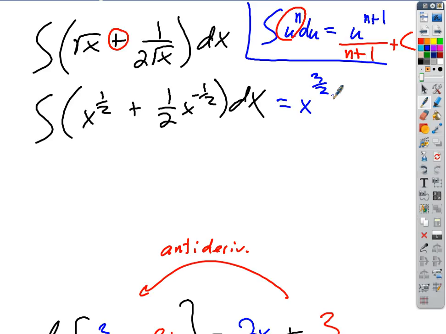I don't want to divide by 3/2. Instead, I'll multiply by 2/3. So exactly what I said in a different way. Divided by 1.5. So 2/3 x to the 3/2 plus. What about this guy?